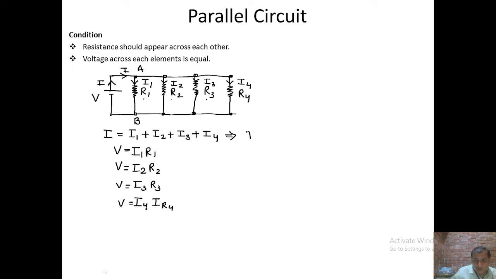I1 is equal to V by R1, I2 is equal to V by R2, I3 is equal to V by R3, and I4 is equal to V by R4.